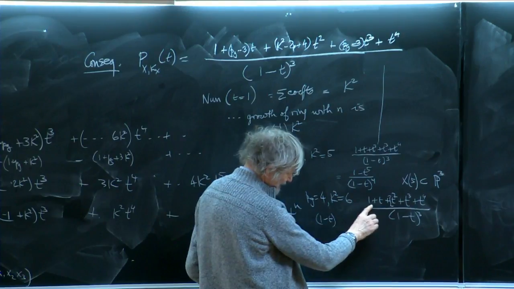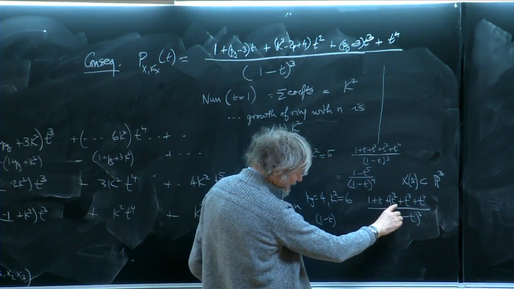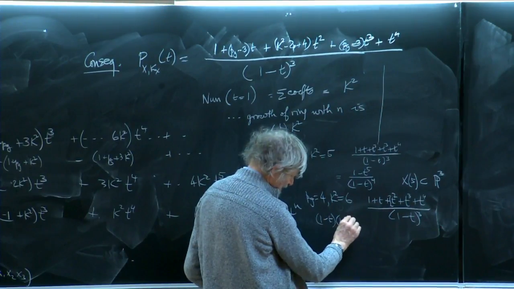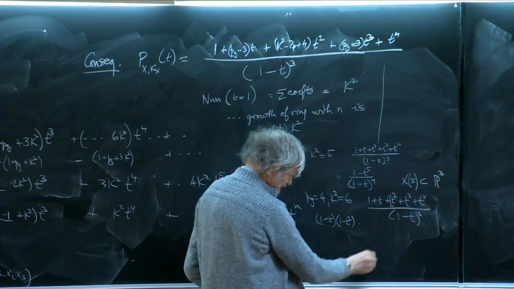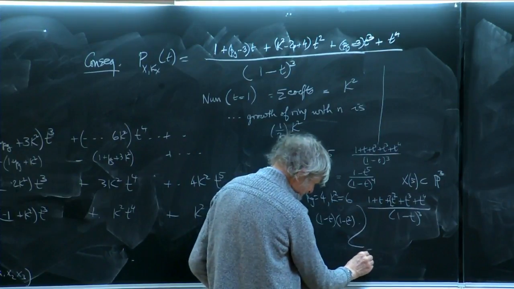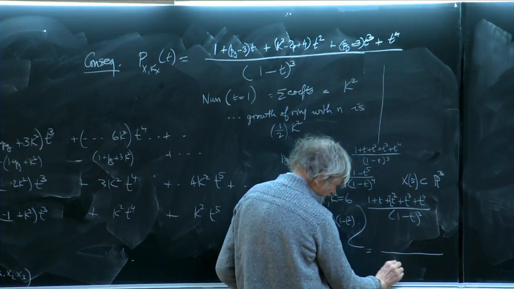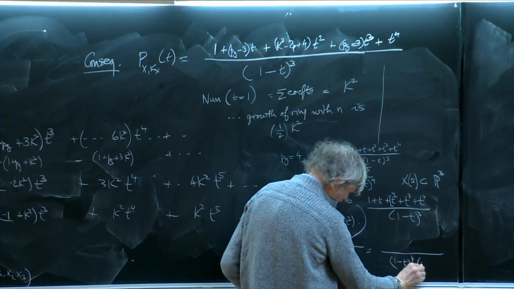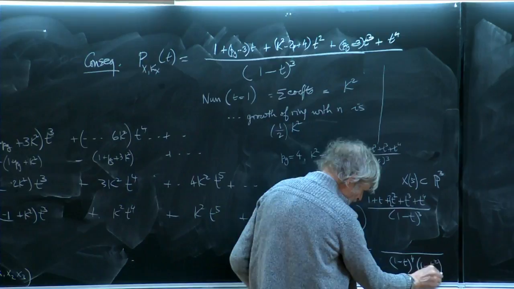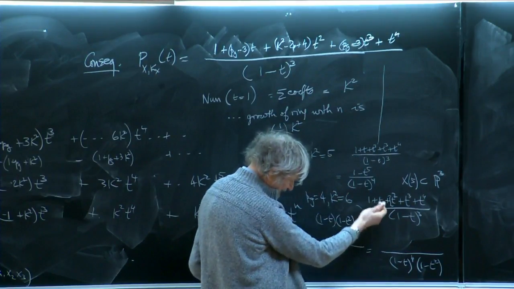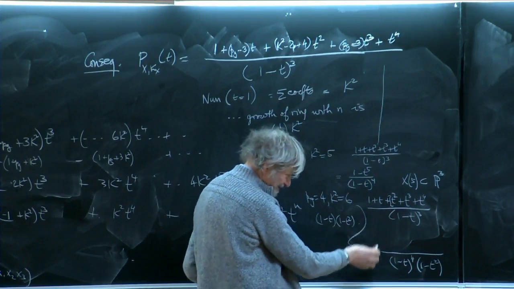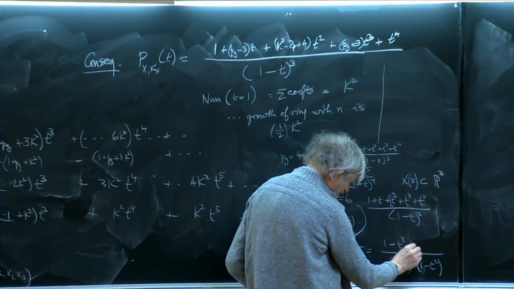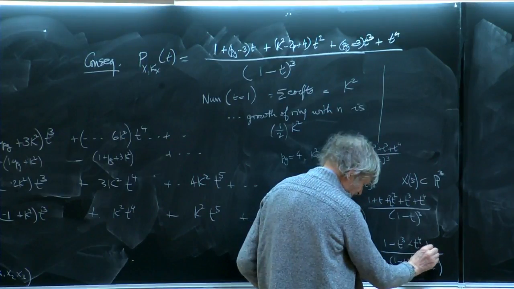Yes, and then there'll still be a t squared there, so I'm going to multiply it by 1 minus t squared. Yes, and the thing we get is divided by 1 minus t to the 4th, 1 minus t squared. Yes, so do this calculation. It only takes a few seconds. The thing you get on top here is 1 minus t cubed minus t to the 4th plus t to the 7th.